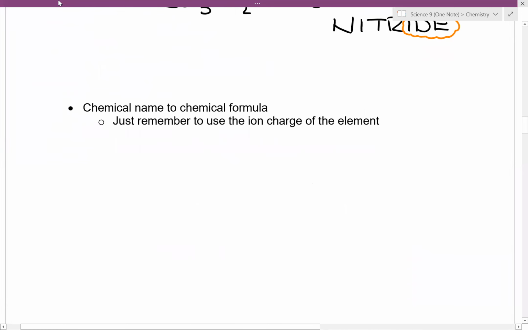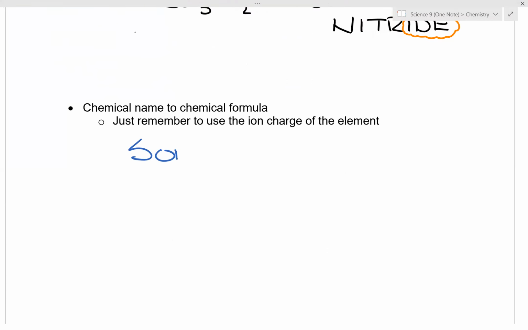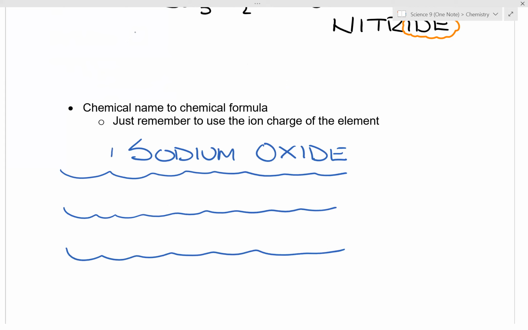Now, if we go from chemical name to chemical formula, remember to use the ion charge of the element. So for example, let's say we had sodium oxide. For sodium oxide, we still do the exact same thing: the charge, the multiplier, and the LCM.